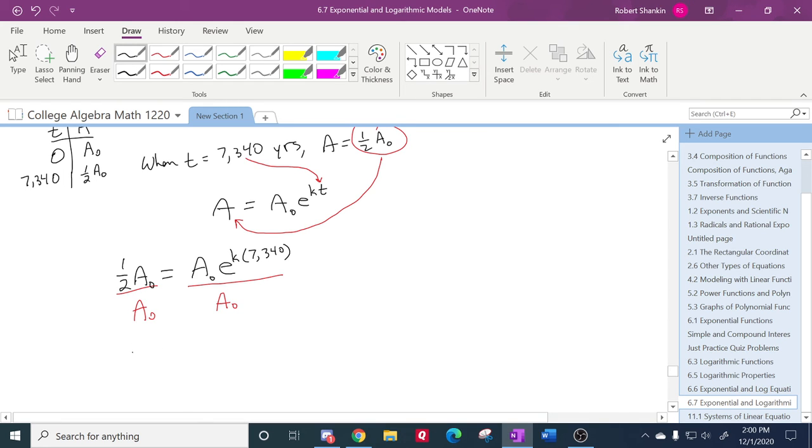And you get, well, I'm going to call it 0.5. I'm going to put this number first. Okay, and then I need to solve for k to get the specific modeling equation.